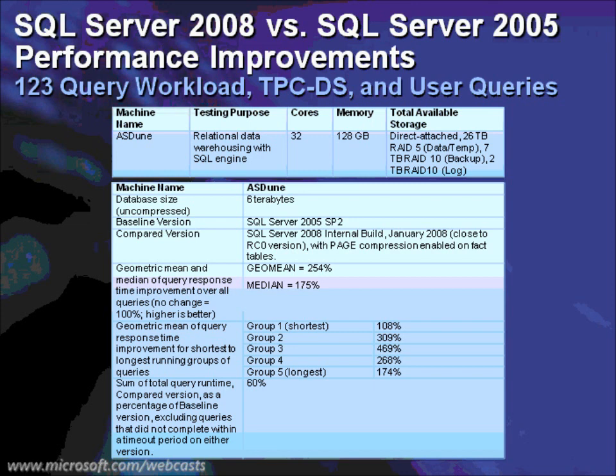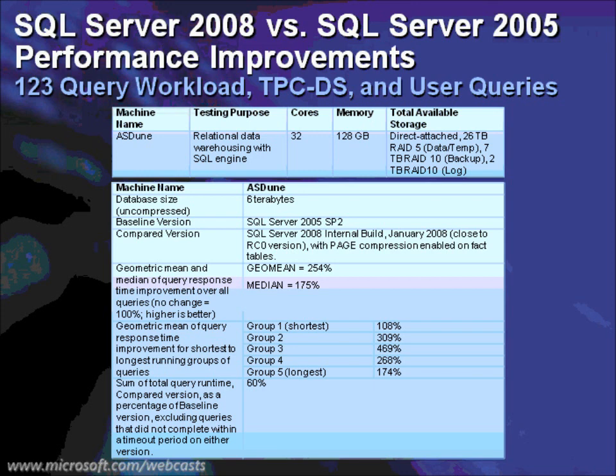Also, if you look at groups 1 through 5, the fastest queries didn't speed up as much because in SQL Server 2005 they already had very good query plans and very good performance. The sweet spot is in the middle range. The queries that were running for maybe 2 minutes in SQL Server 2005 are now running in more like 30 seconds on SQL Server 2008. So we got very impressive query speed-up.